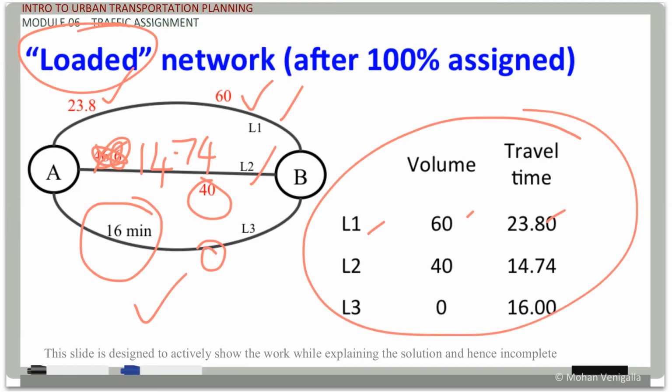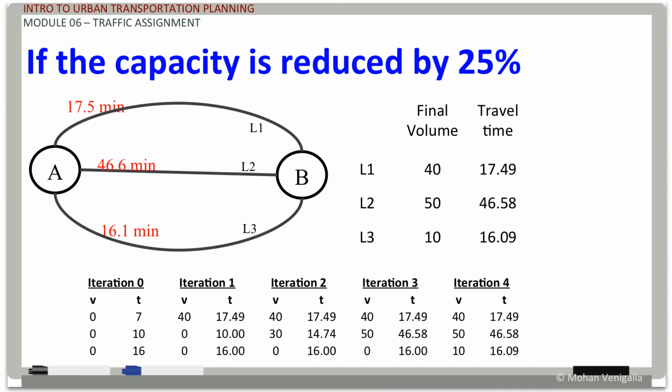So that is essentially the incremental assignment. So what I did here is I reduced the capacity by 25%. Remember, we were given a capacity of 30, whatever the units are. If you reduce it by 25%, 0.75 times 30 is 22.5. Why would one reduce capacity by 25%?